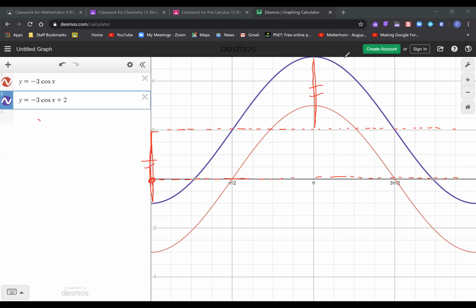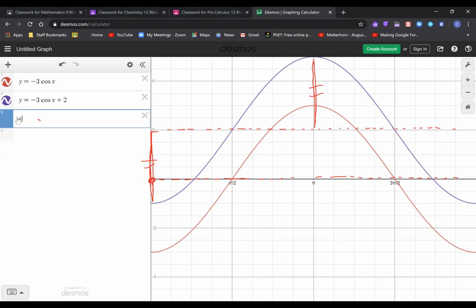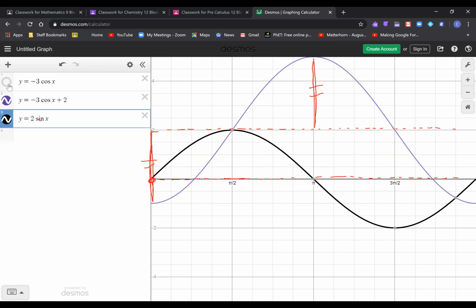Just try this one here. I'll start fresh. So let's go y equals 2 sine x. Let's just close these down for a second. Okay. And let's say you said y equals 2 sine x minus 5.